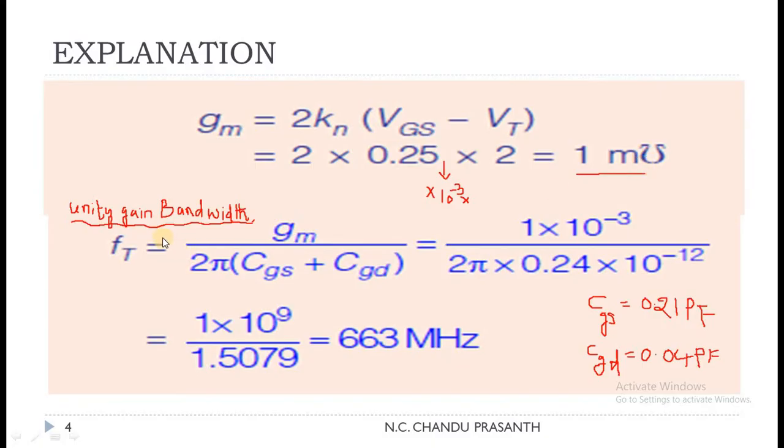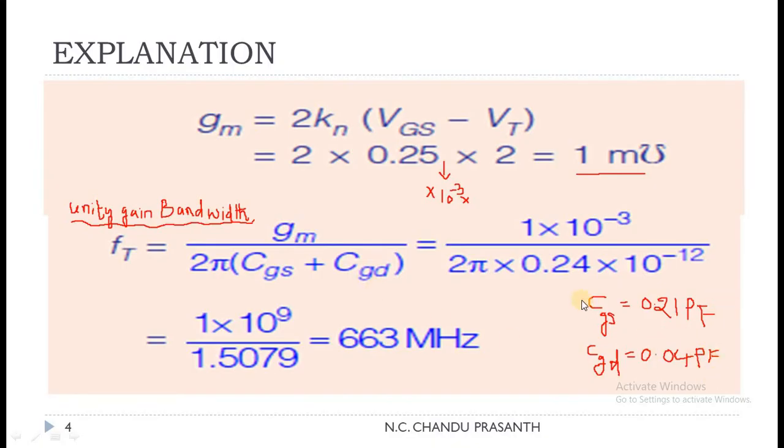Then we have to find the unity gain bandwidth. The formula is gm divided by 2 pi into (Cgs plus Cgd). What is the value of gm? 1 into 10 power minus 3, 1 millimho. 2 pi into the CGS value. What is the CGS value mentioned in the problem? 0.2 picofarads, and the CGD value is 0.04 picofarads.